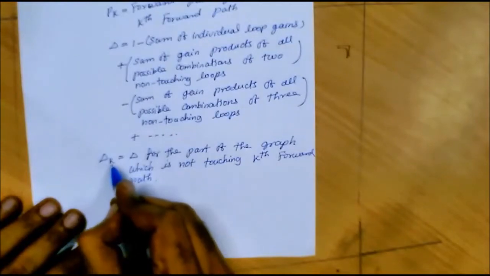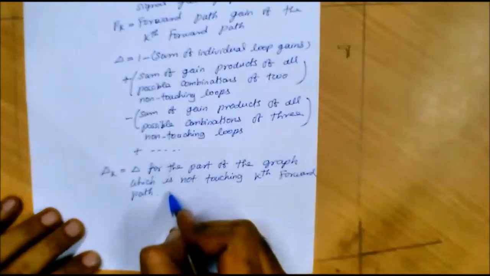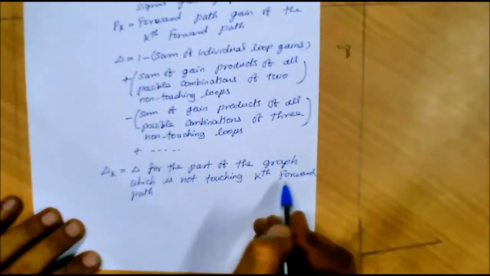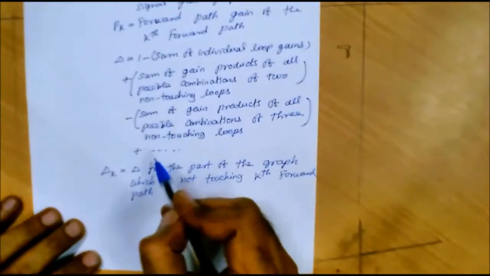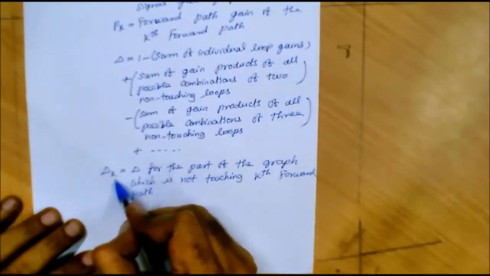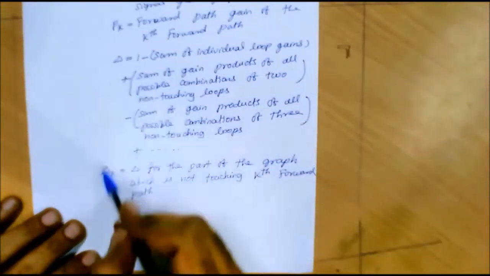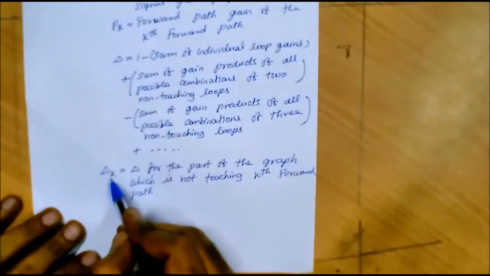Δ_k is the same as Δ, but for the part of the graph which is not touching the kth forward path. That is, we have to exclude all the branches which touch the kth forward path, and then calculate this value of Δ, which we call Δ_k.